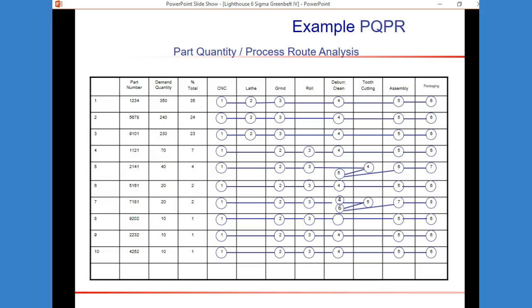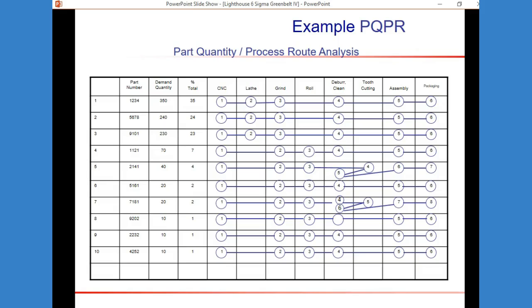So this kind of helps you figure out what machines do I put next to each other. Or a new part came along and I can go in and say, well, it goes from here to here to here to here, and I would say, okay, do I need to make a new cell for it? What's the percentage of my business?